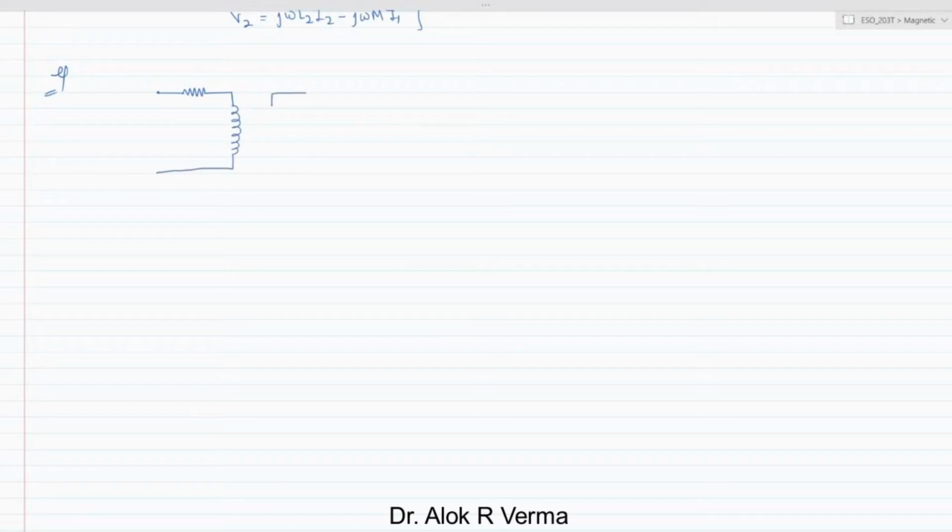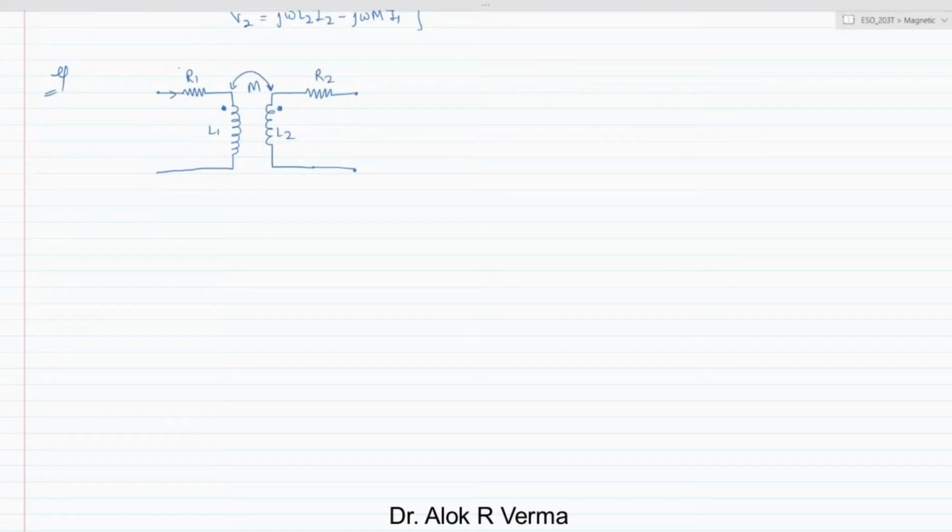Similarly, here we have some resistance, and this is a coil, and these two coils have a dot notation of this type, and there is a mutual inductance linking these two. So this is R1, this is L1, this is L2, and this is R2.